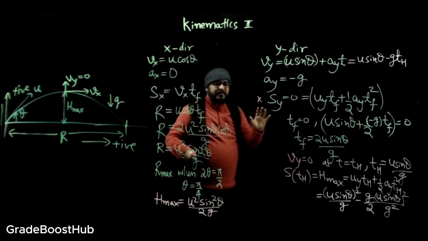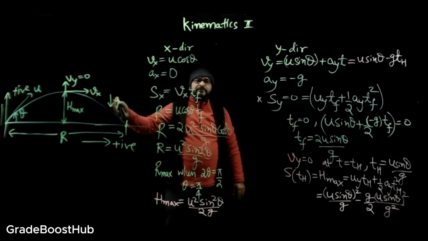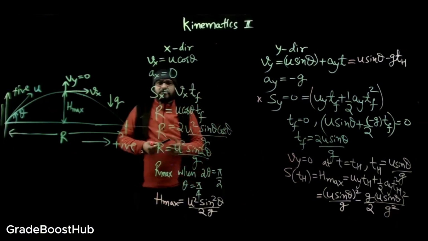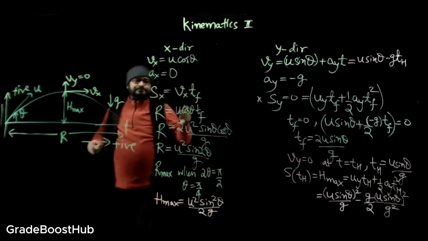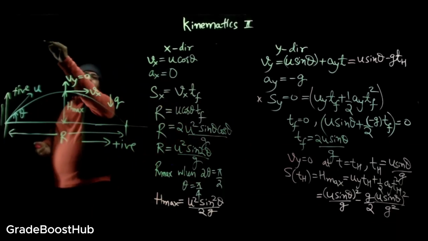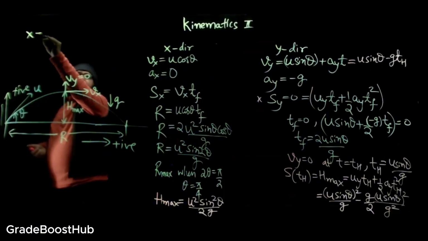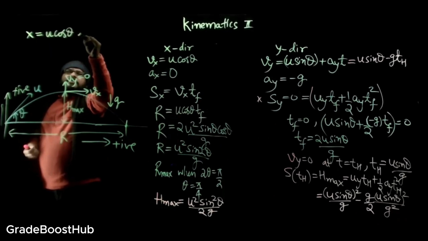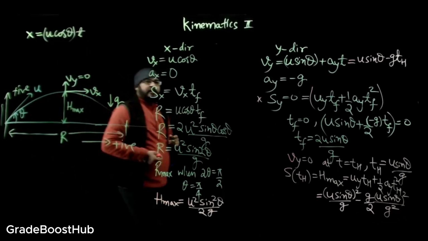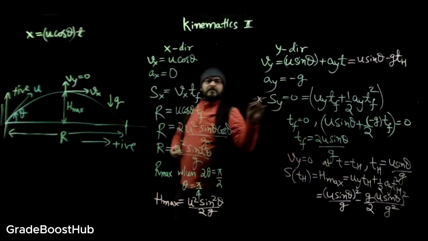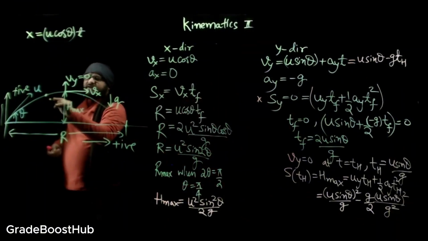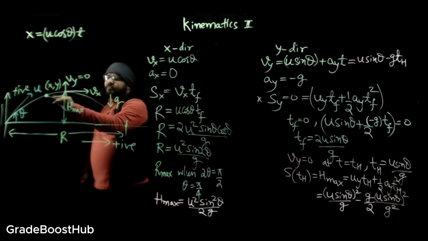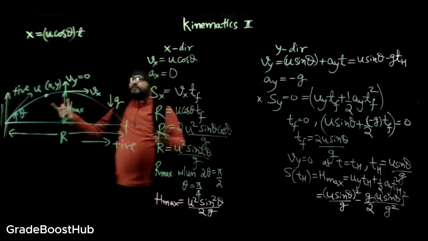Now I'm interested in finding the trajectory of my projectile. How does it look like? Is it a circle? Is it a hyperbola? Is it a parabola? So we can denote the x coordinate at any moment as x is equal to u cos theta times the time. And we can represent the y displacement. So I'm taking any x, y position, because if we can find x and y, then we know what kind of curve it is.